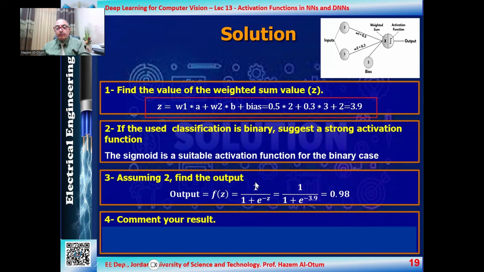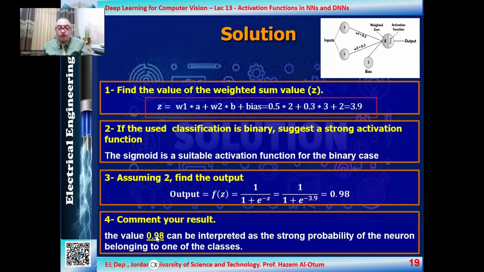So what do you think? What does this mean? 0.98 is a high value for the output. The value of 0.98 can be interpreted as a strong probability. It is almost 1, so you are very close to 1, which means a high probability of the neuron belonging to this class.